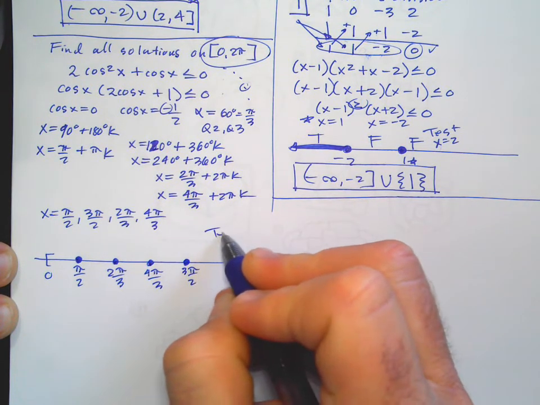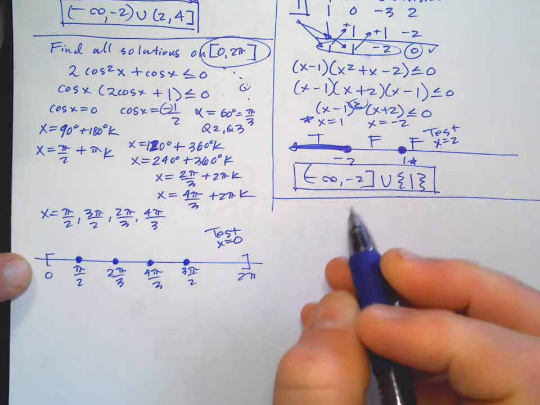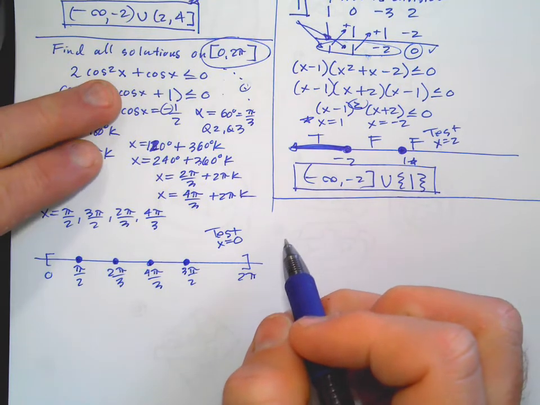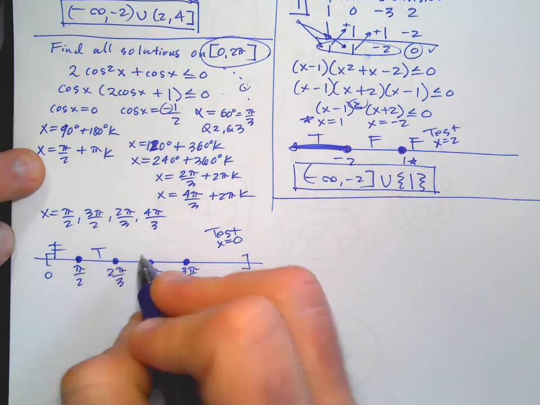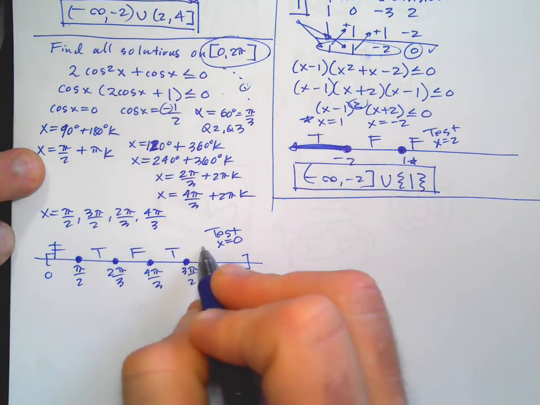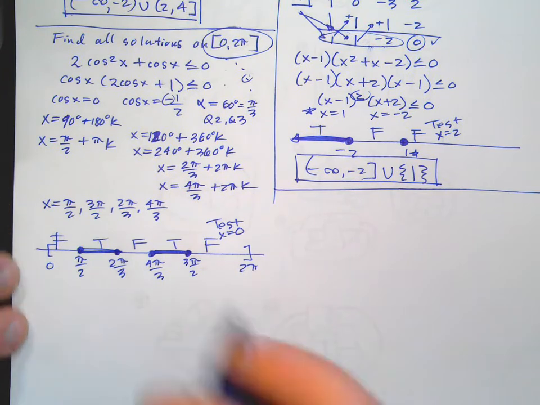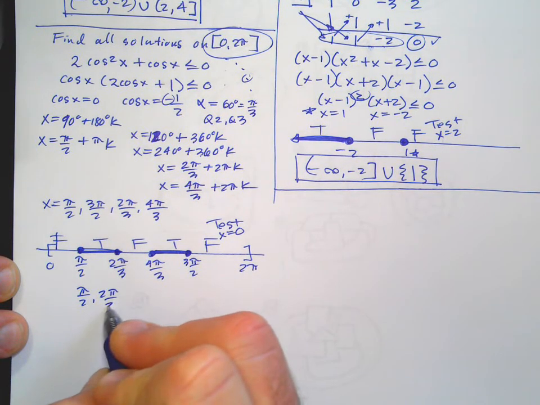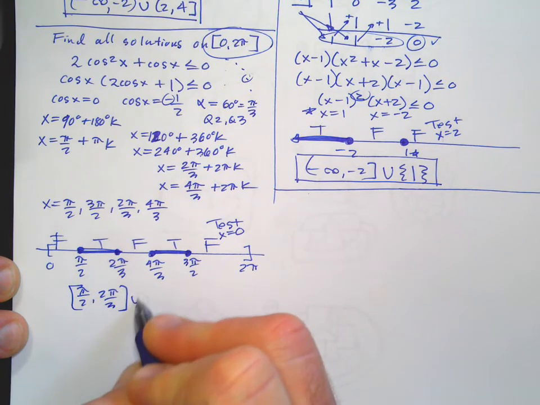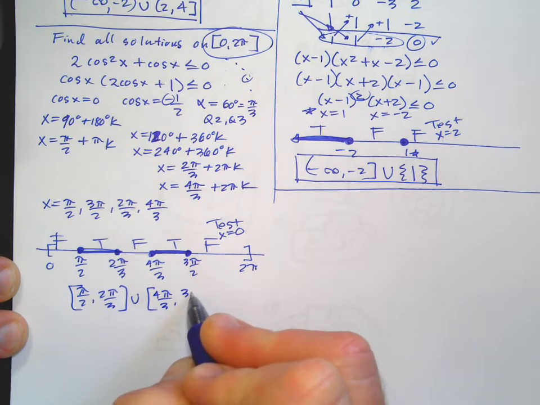Test the value. Now on trig, I like to test 0 as much as possible as long as there's not a dot there. Because cosine 0 is 1, and it's false, true, false, true, false. So your answer is pi over 2, 2 pi over 3, bracket, union, bracket, 4 pi over 3, 3 pi over 2.